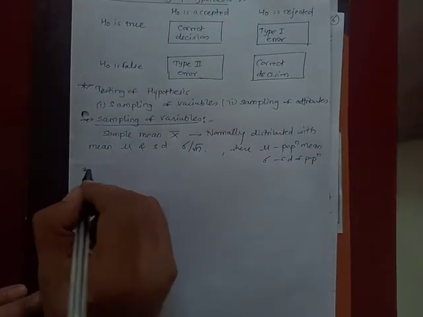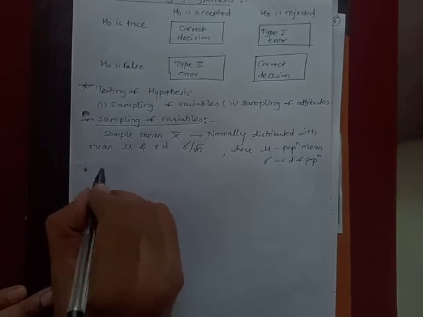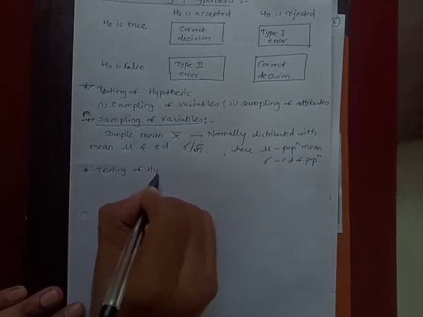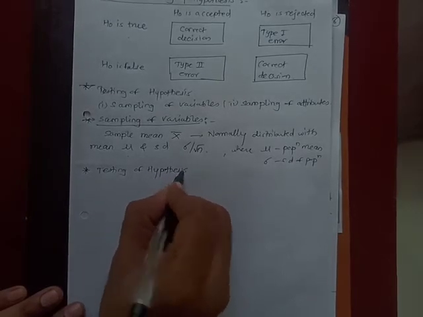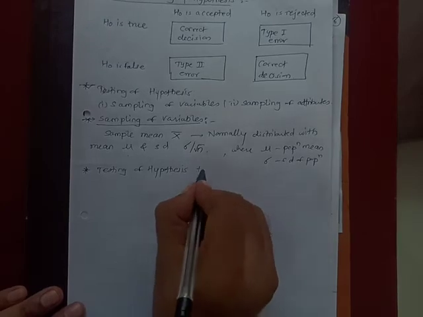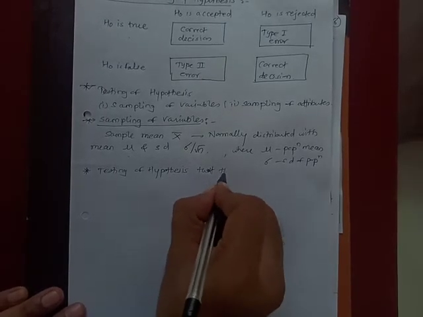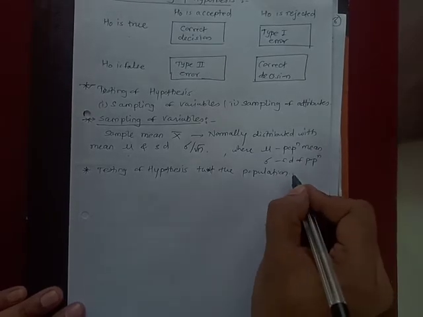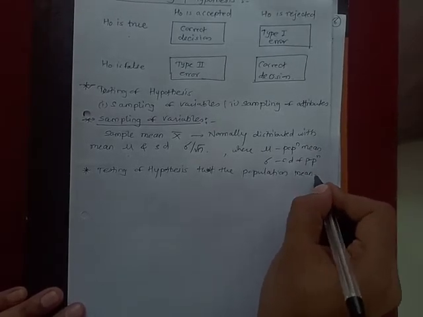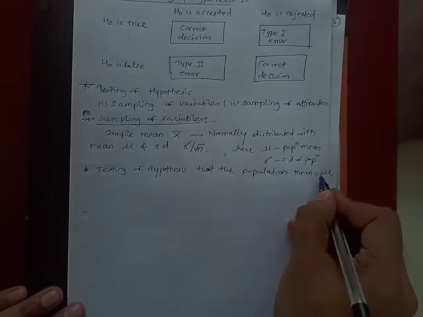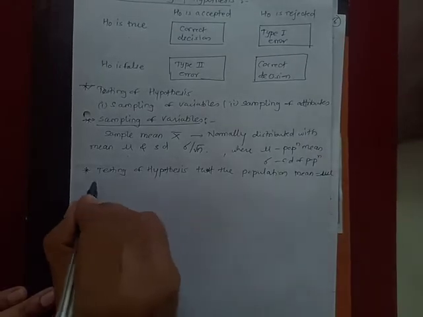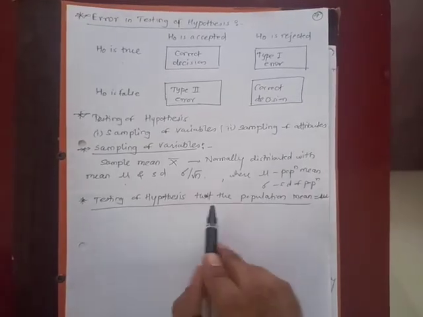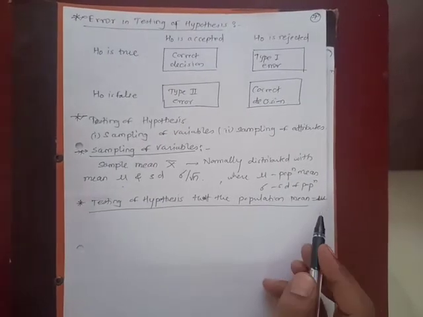So the next concept is testing of hypothesis that the population mean is equal to mu.